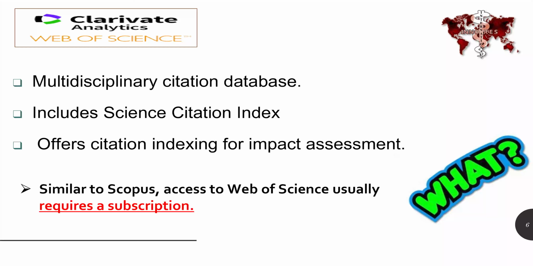So we already had that discussion. But this particular database offers citation indexing for impact assessment. So if you are seeing 10 papers on a particular topic, you can see how many times they are cited. That can give you an idea of the kind of impact these papers had when they got added to the literature.